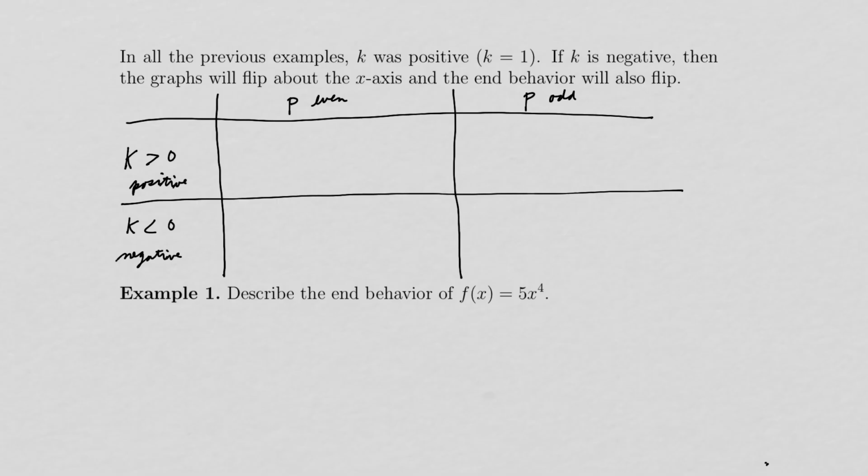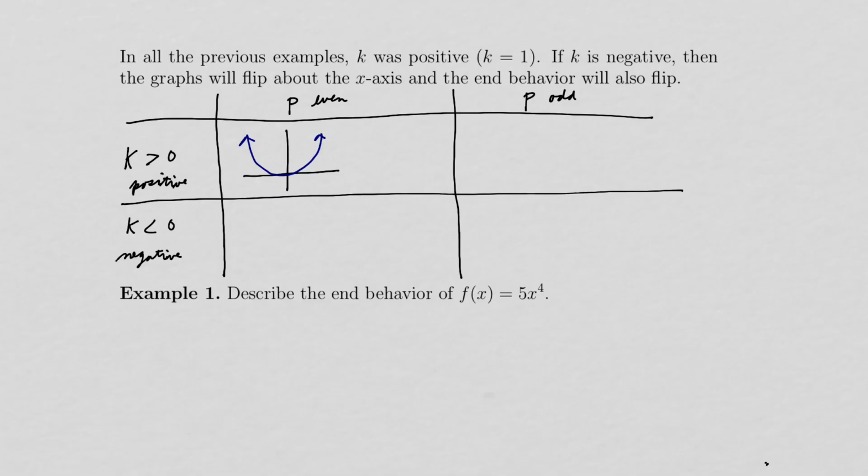All right, so if K is positive and P is even, we already know that the shape of the graph is going to look like this, right? And the larger and larger P is, the flatter and flatter it'll be between -1 and 1, and the faster it'll rise. But it'll have that general shape. It kind of looks like a parabola.